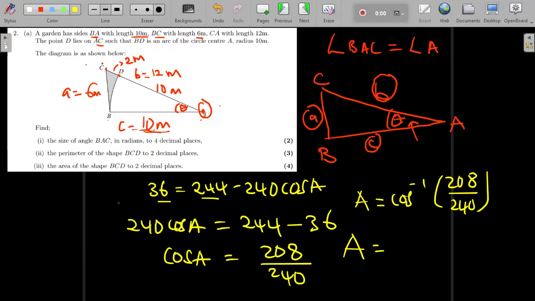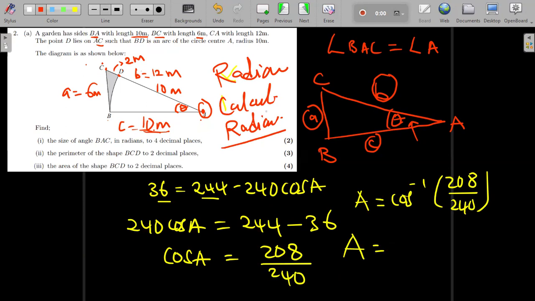So now notice here that we are dealing with radian measure, okay? If you're dealing with radian measure, make sure that your calculator is in radian mode, not in degree mode. Change your calculator to radian mode whenever you are solving questions on radian measure.